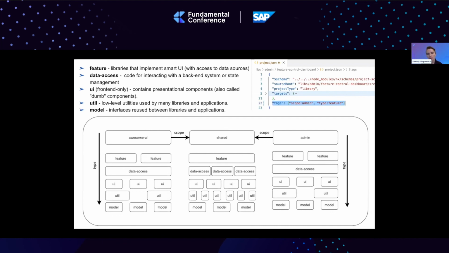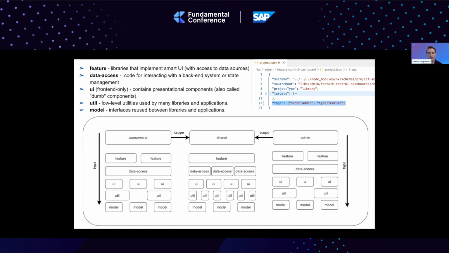The UI libs, which apply only to front-end applications, should contain presentational components that are also known as DOM components. So they should be stateless, absolutely not aware of context, and so on and so forth. Utils should be low-level utils, maybe plain pure functions, some constants, and such kinds of things that are used by many libraries and applications. And models contain interfaces that are used, again, everywhere.